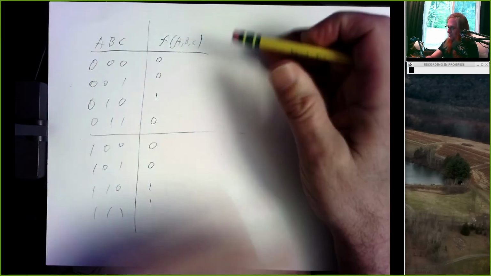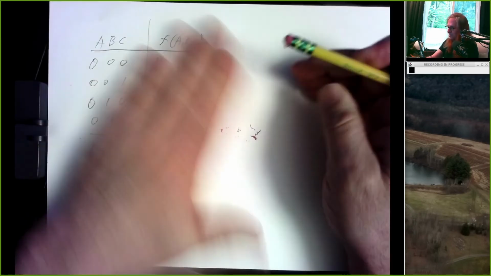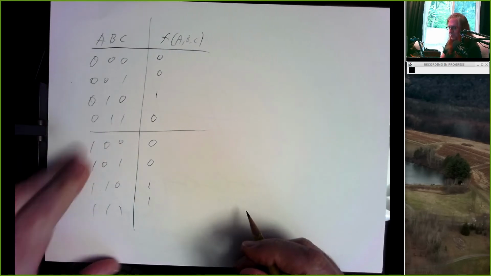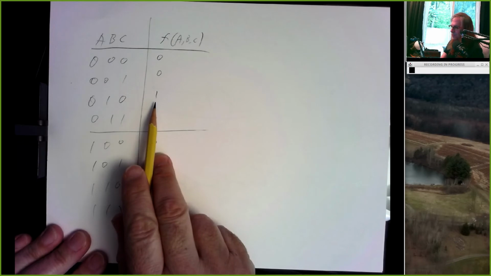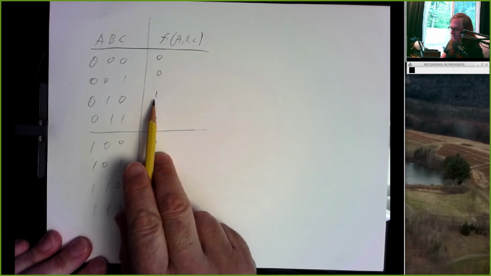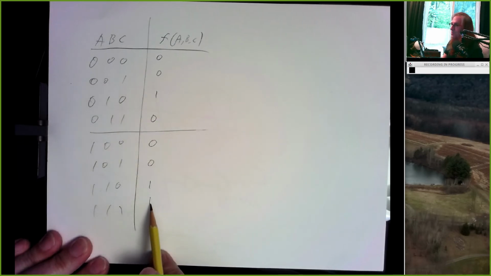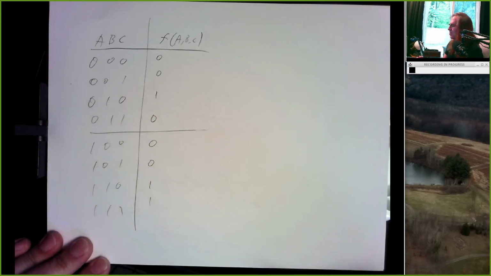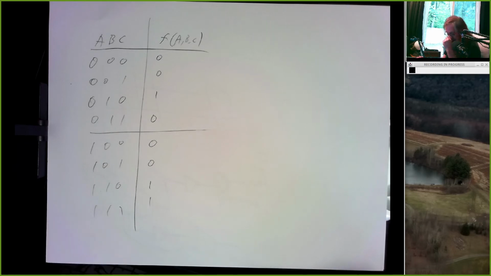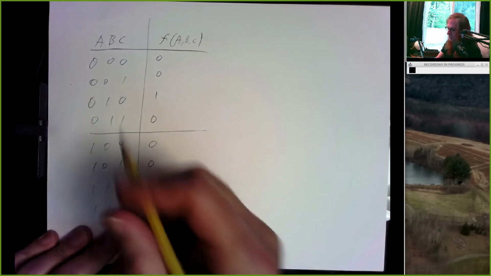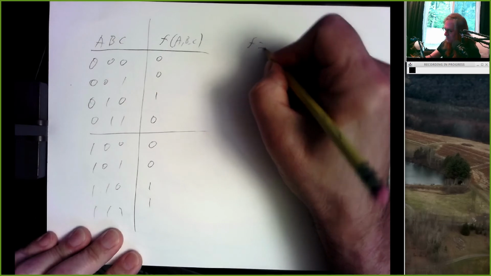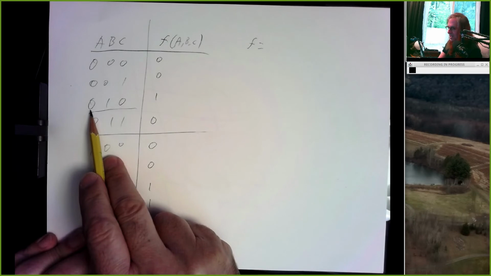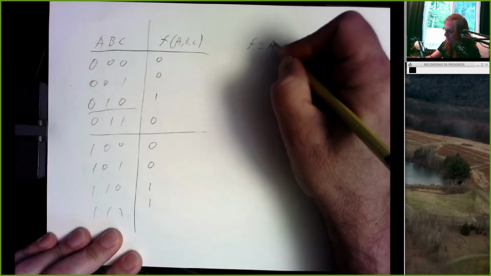We learn a way to write an equation for F by doing the following procedure. We look for everywhere we have a 1. Wherever we have a 1 in our output, we write down a certain combination of A, B, C, A bar, B bar, C bar. In this case, F equals, well, there's a 1 right here. If we see a 0 for the A input, we write A with a bar on top.